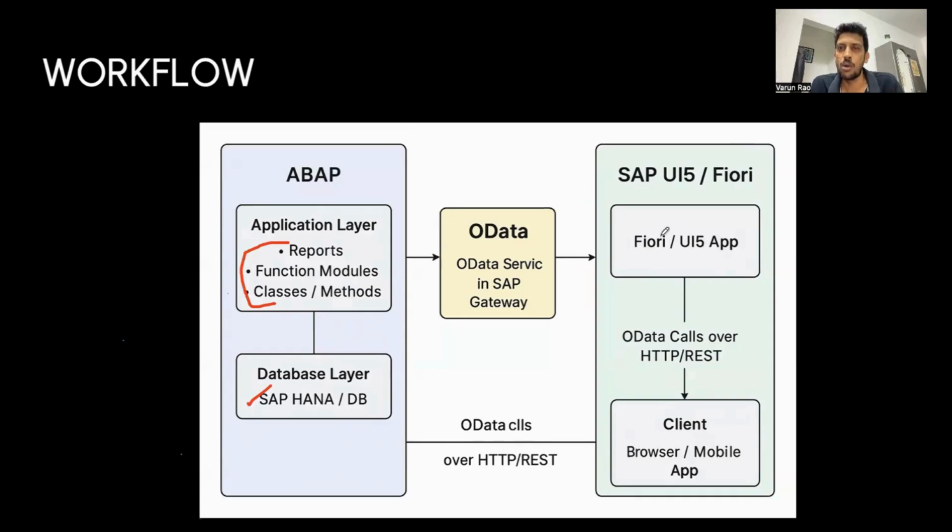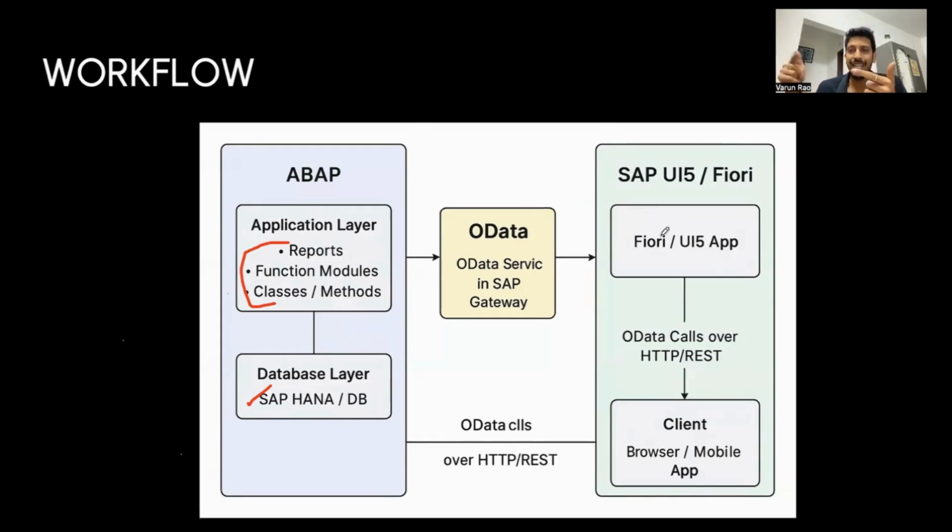Then we have SAP UI5 Fiori, which is the front end application. Again, this process continues. Now, if you are making a query in the front end, the controller triggers. When you hit an element on the front end, the HTML or the view that you create in XML triggers the JavaScript.